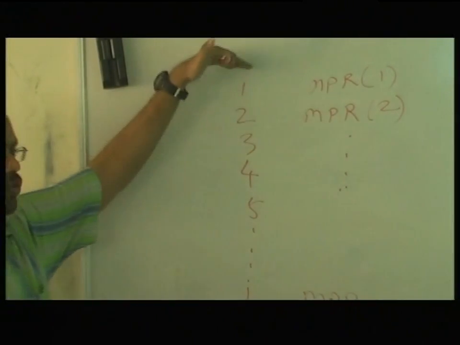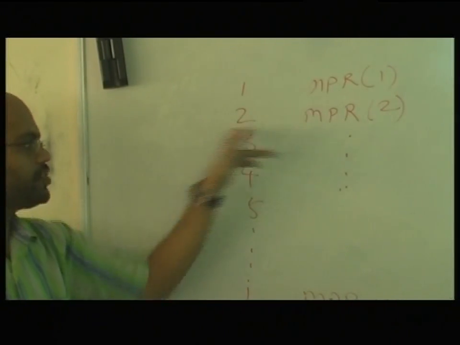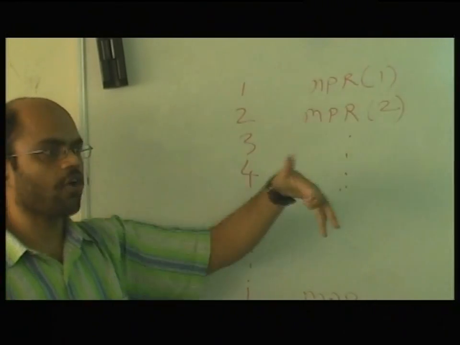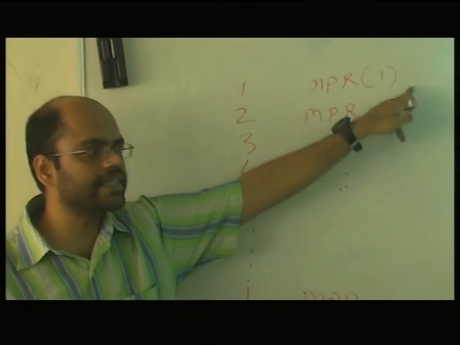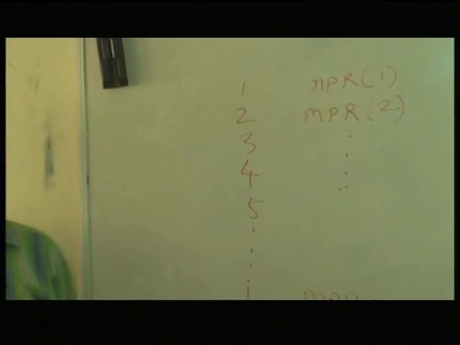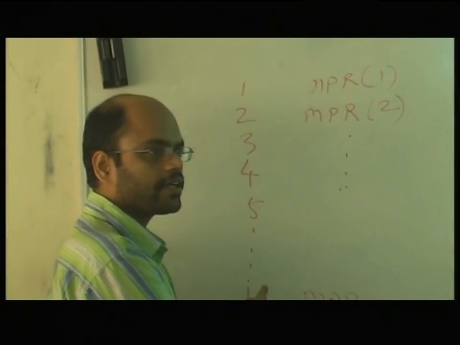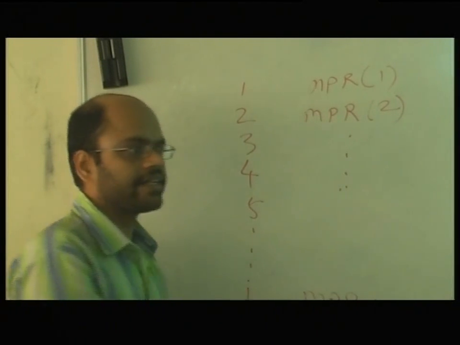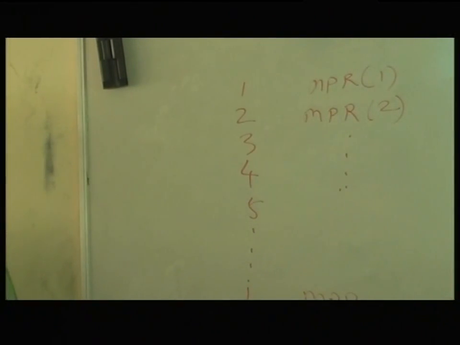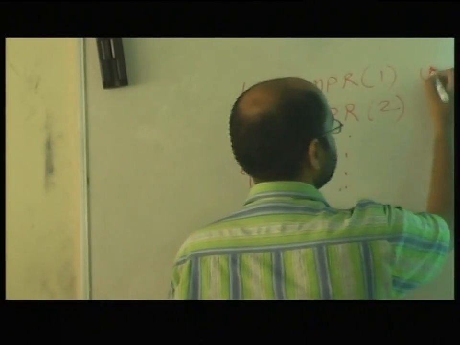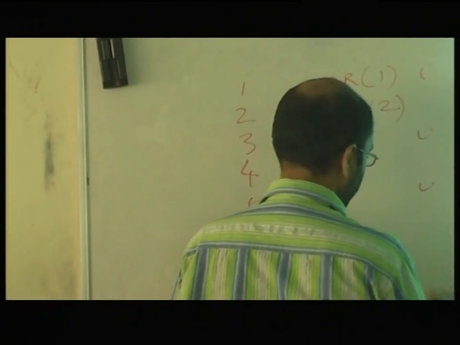So these are the nodes which will send control packets for each of these. I don't know which are common. This and this could be exactly the same set, and so on, but we don't care about that. Now, in the whole network, what is the set that is retransmitting control information? It's the union of all of these.